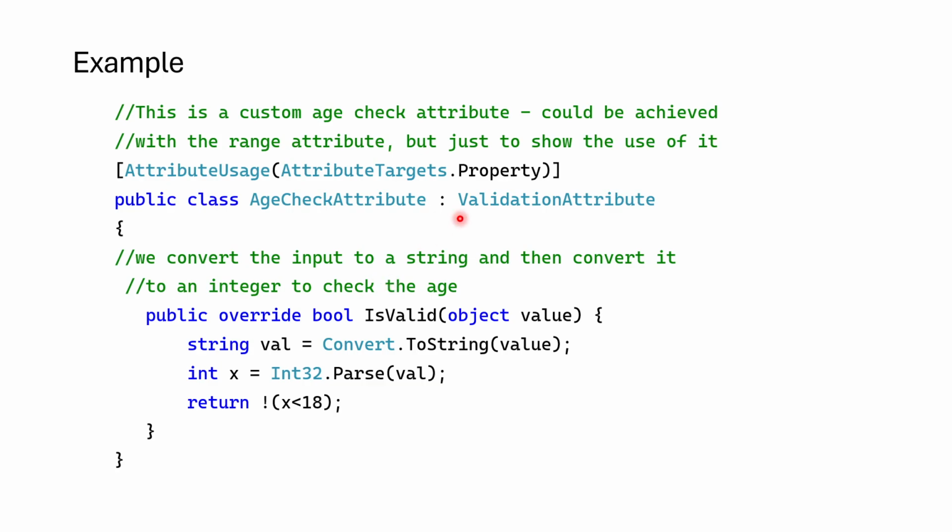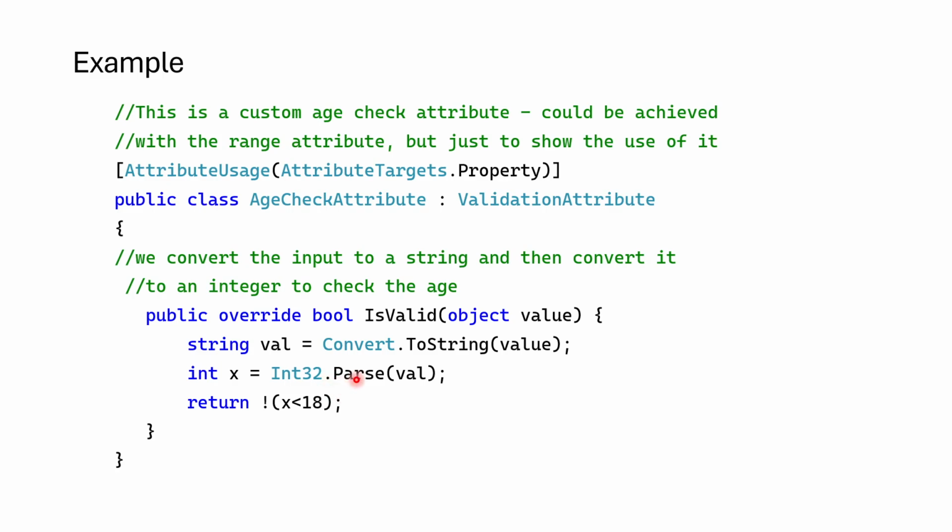I could have done this by using the range attribute, but the point is that the validation could be more complex. So you might want to make your own. Like, for instance, if the age had to be in 2 or 3 intervals, I don't think there's a built-in attribute to check that.